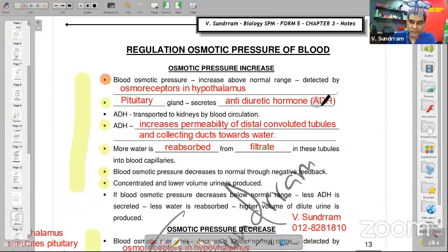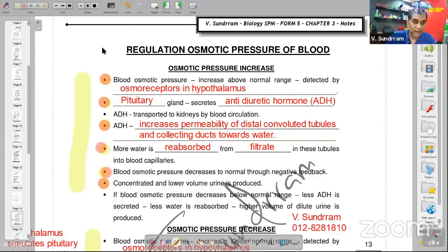Pituitary gland, ADH, second point. Function of ADH, increased permeability, third point. More water reabsorbed, fourth point. Happy ending, fifth point. If you want volume of blood or volume of urine decreasing, that's one extra. So there are 6, and the first 5 are the answer.